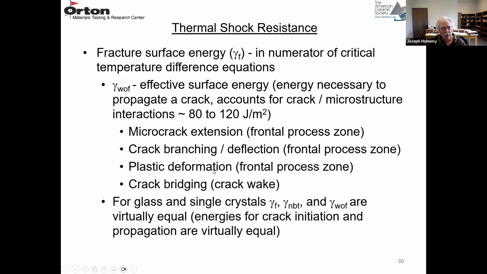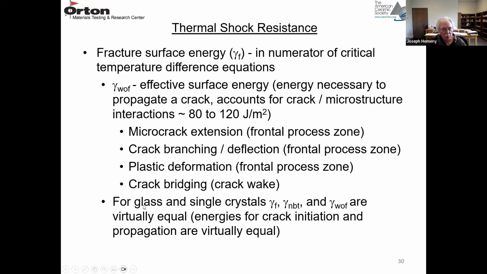At high temperatures, you can have plastic deformation in the frontal process zone. And behind the crack, in the crack wake, behind the crack tip, you have crack branching. So all of these mechanisms make it difficult to propagate a crack in a refractory microstructure. So the higher the work of fracture, the more thermal shock resistant the material.